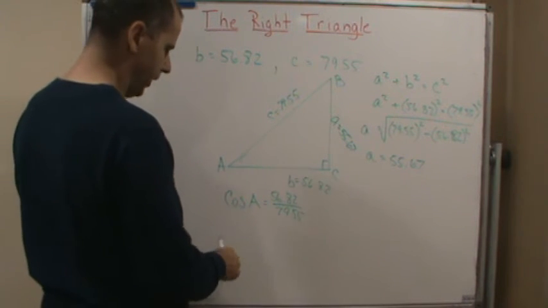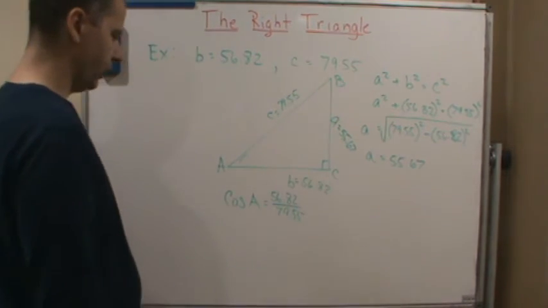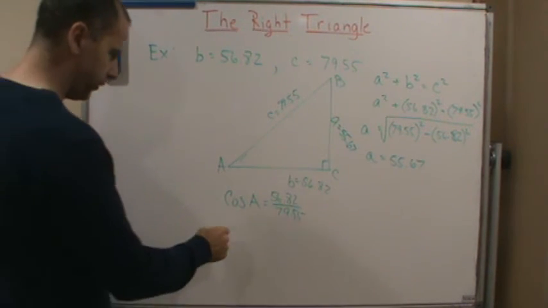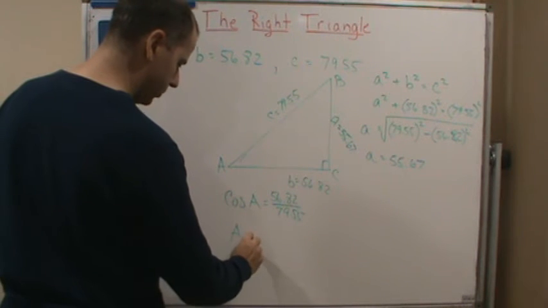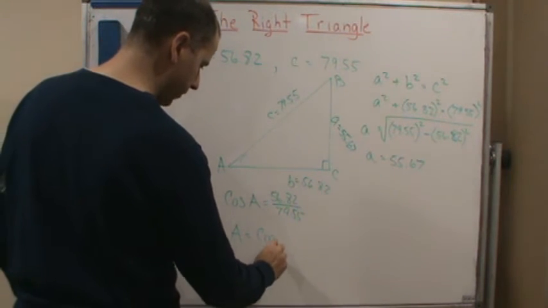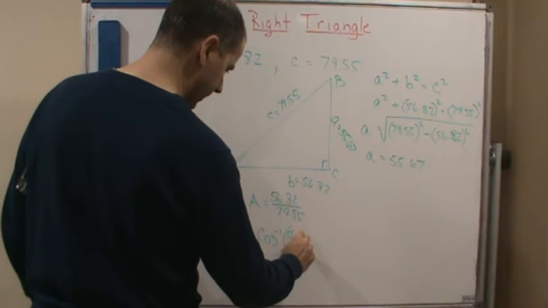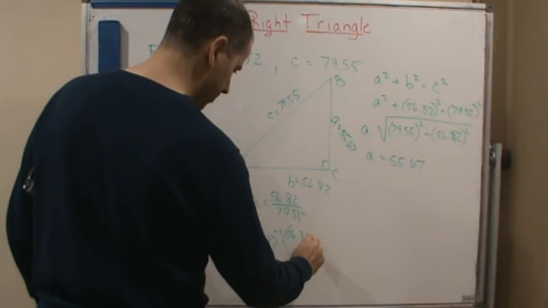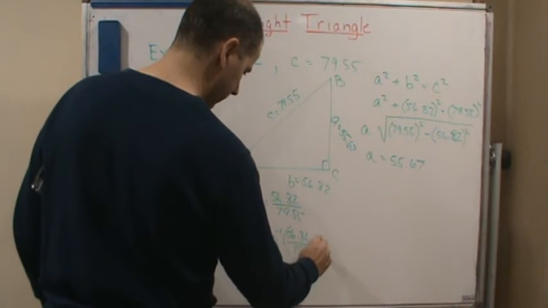So I know the cosine of A equals this. If I want A, I'm going to take the inverse cosine of both sides. So A equals cosine inverse of 56.82 divided by 79.55.